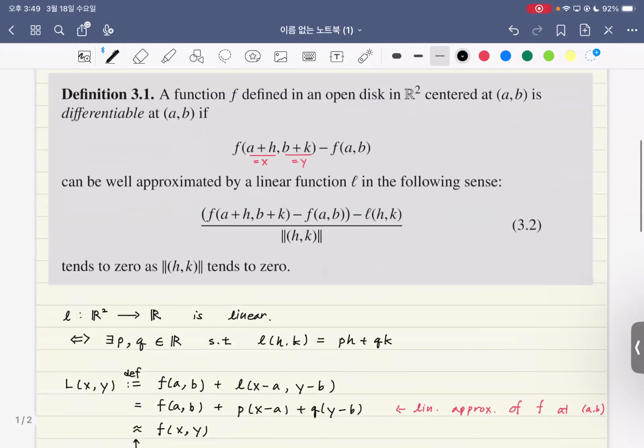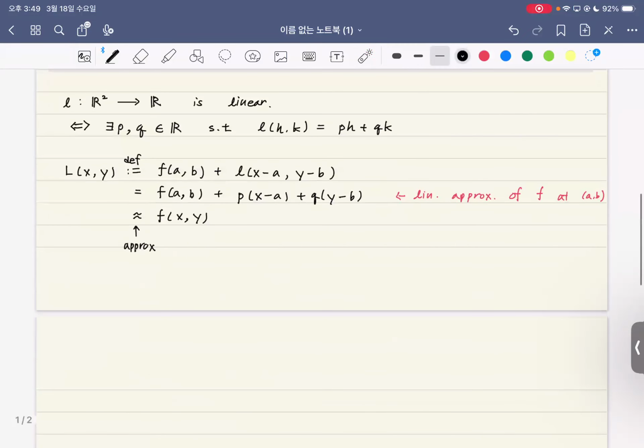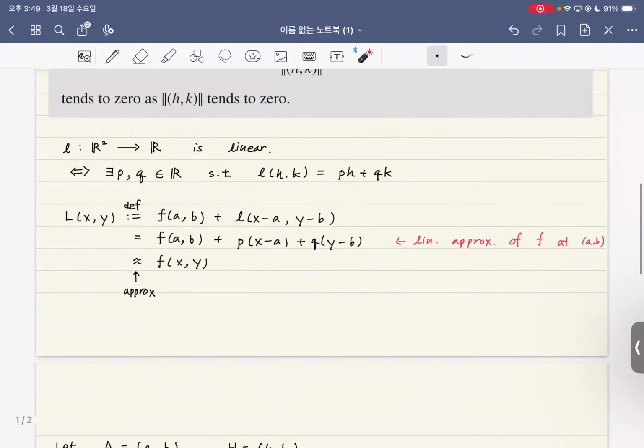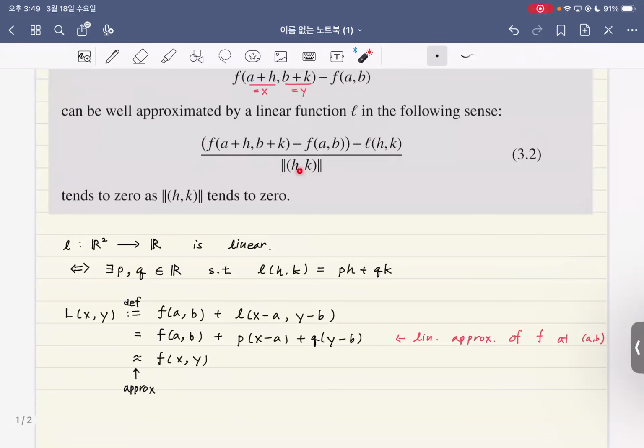So this is our definition, but our textbook rephrases this definition using vector notation. Let's say that the vector a is the point (a, b), and the vector h is the two-dimensional vector (h, k).